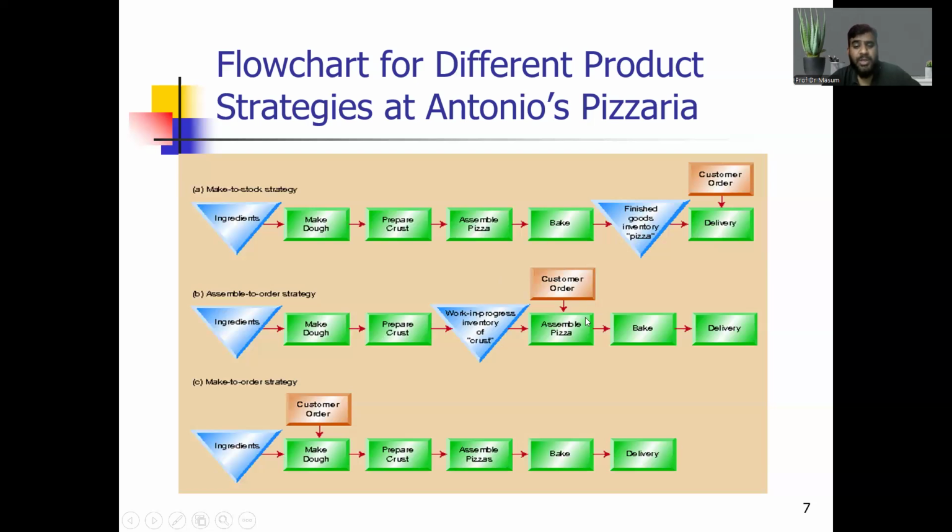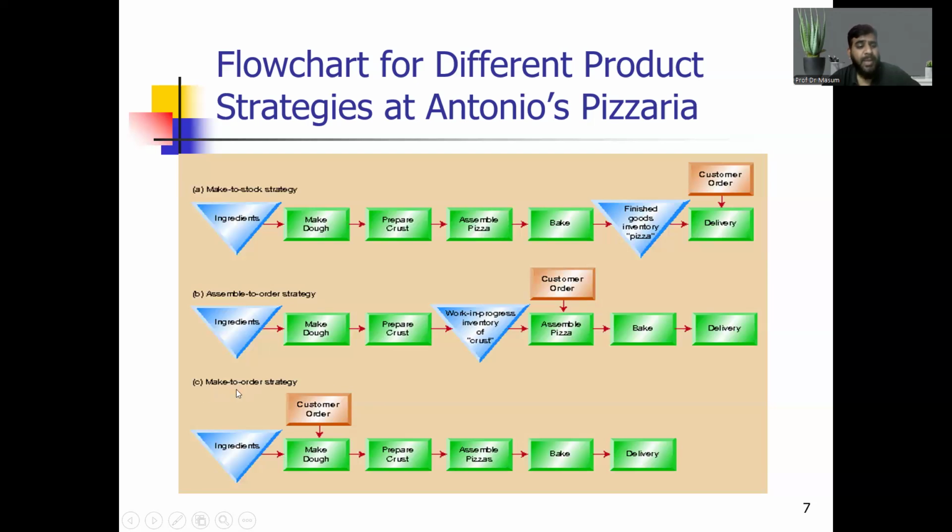If the stock is not available and the order is a little bit special, what will they do? This is common. The working process is ready. Only some components will be mixed with it and then they will bake it, then deliver it. This is known as the assemble to order strategy.